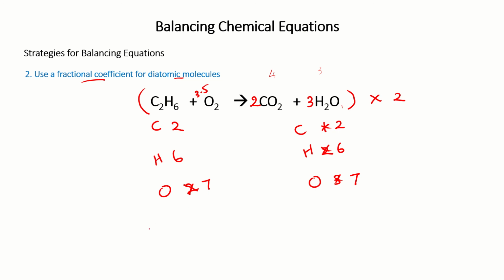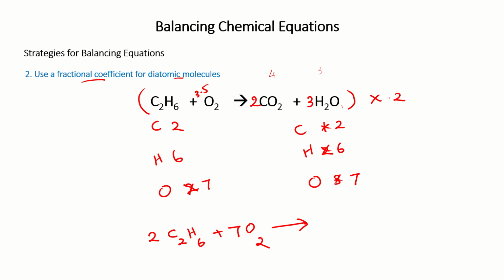Now you can rewrite the equation as 2C2H6 plus this 2 multiplied by 3.5, that is 7 oxygens, 2 multiplied by this 2. Remember, you are only multiplying the coefficient. Never touch the subscript.